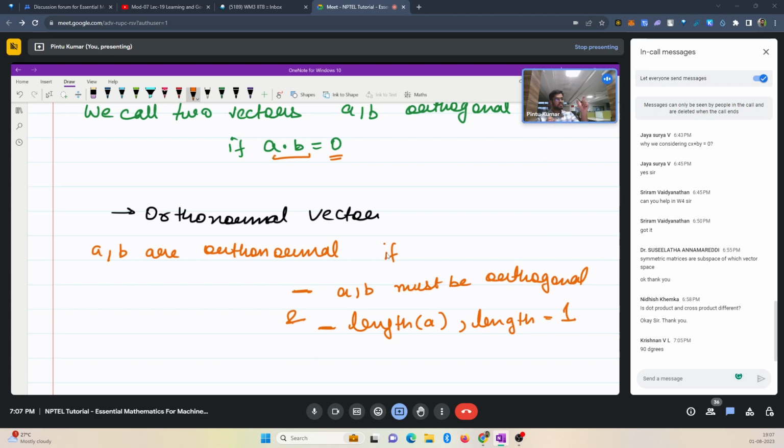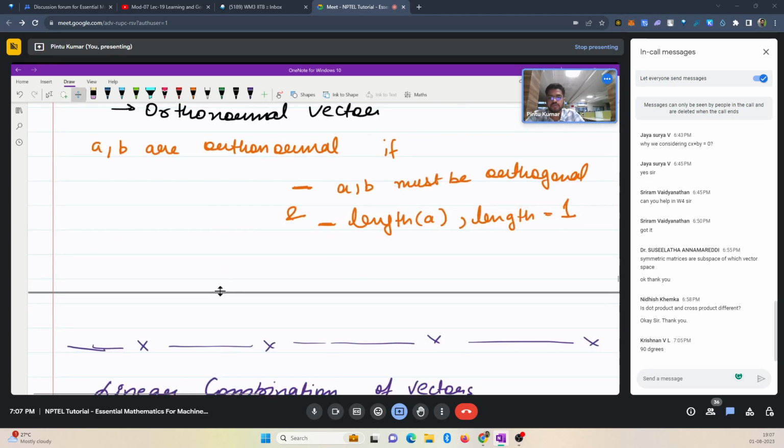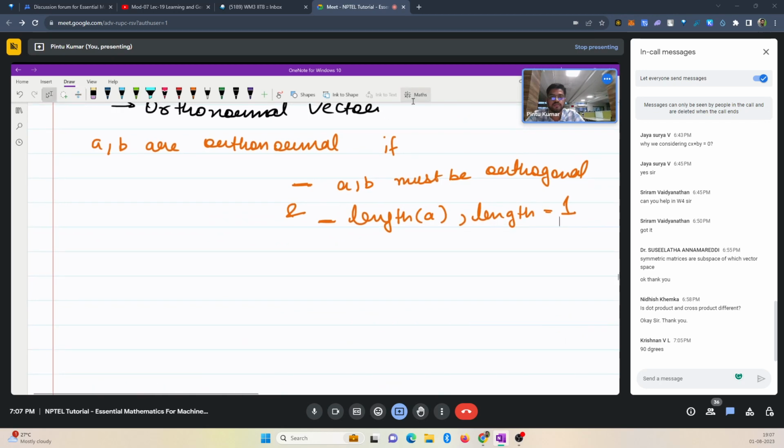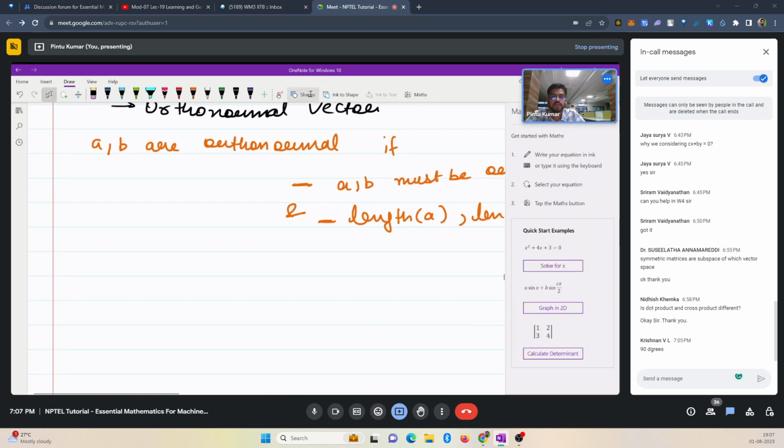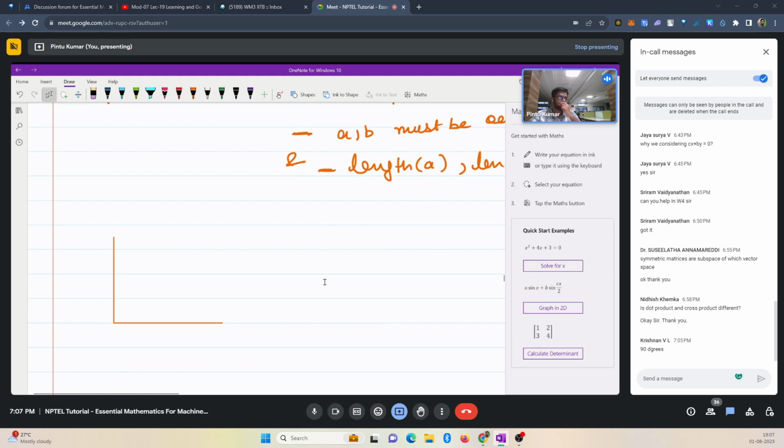So they must be unit vectors, that is, the length of these vectors must be 1 and they must be at 90 degrees. Then they are called orthonormal vectors. For example, if you look at your coordinate system, you have these two vectors perpendicular to each other. Let's call them a and b. So they are orthogonal vectors.